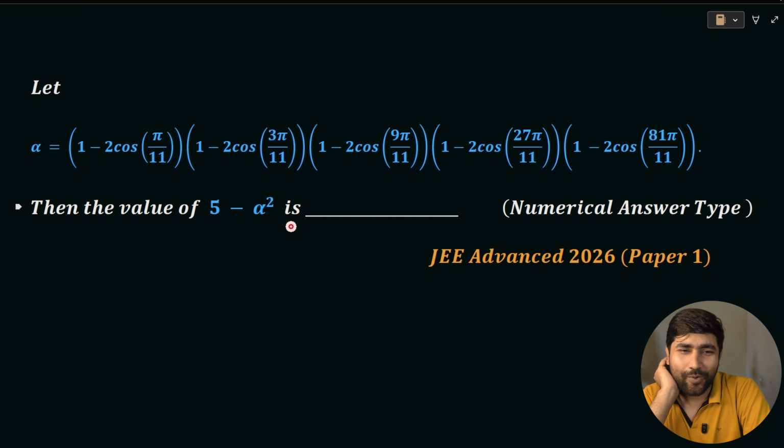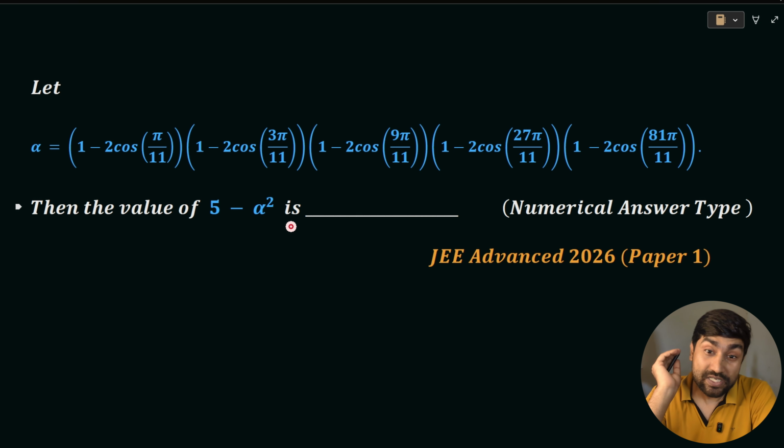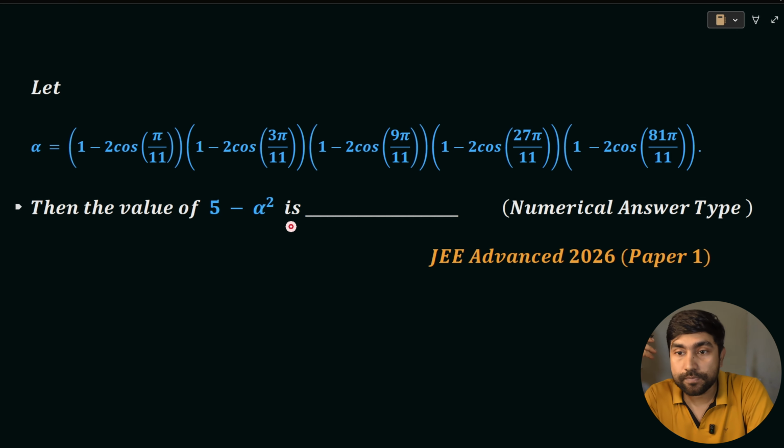As a student, when I first saw this particular problem, I was thinking, which particular identity I have to apply, or is this related to some formulas related to 1 minus 2 cos alpha.